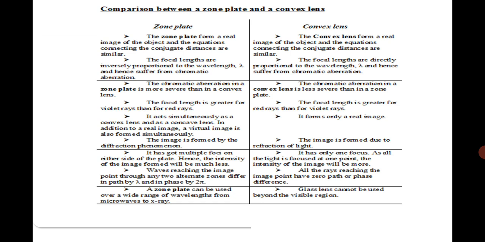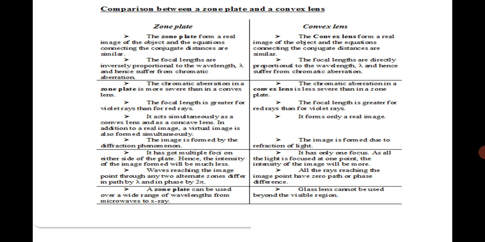Point 3: the chromatic aberration in a convex lens is less severe than in a zone plate. Point 4: the focal length is greater for red rays than for violet rays. Point 5: it forms only a real image. Point 6: the image is formed due to the refraction of light.